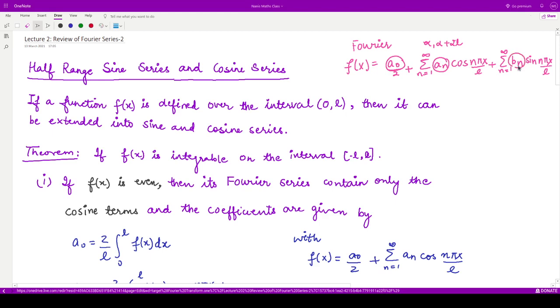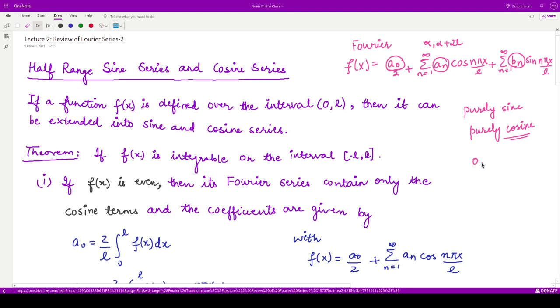Now, sometimes in various applications, the series is only required to be expanded in terms of either purely sine terms or purely cosine terms. This is done when we extend our given function.